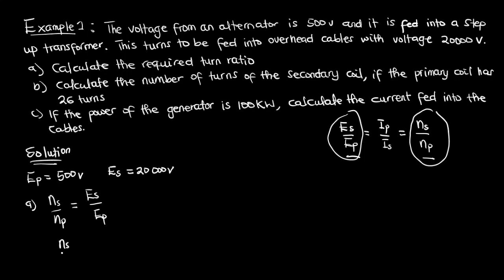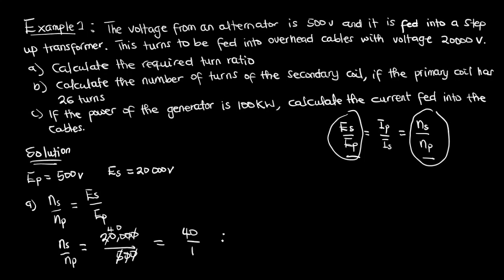So Ns over Np is equal to our Es, the secondary voltage, 20,000, divided by our primary voltage, which is 500. These two zeros will cancel, and 5 will go into 20 four times, with the 0 left over, so it becomes 40. So we have 40 is to 1.